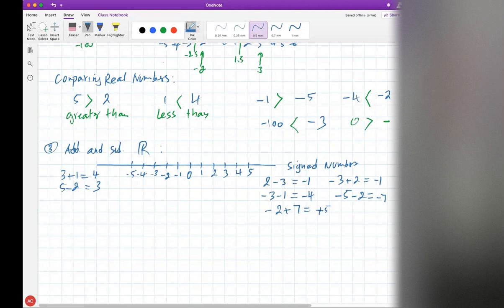Why do you think? Correct, one is larger than the other. So basically we use the sign of the larger number. If the two signs are the same, it stays the same. But if they are two different signs, we have to pick one of them. Usually we pick the sign of the higher number.